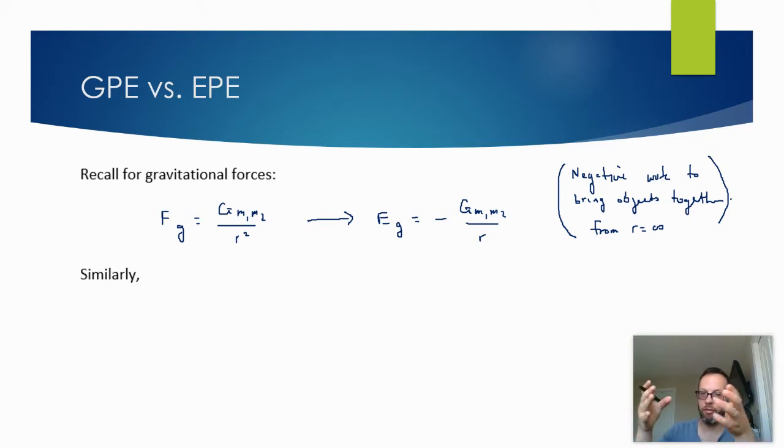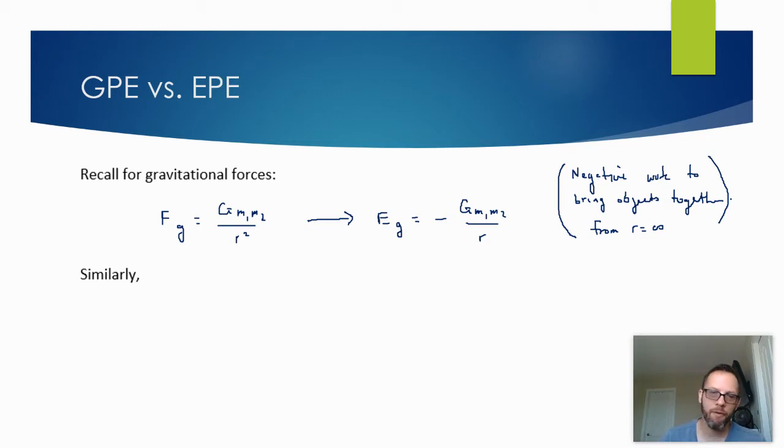You don't actually have to do anything to bring them together. In fact, as two objects come together gravitationally, you actually lose energy. So that's why this gravitational potential energy is negative. It's when you separate objects that you gain potential energy. So we got this expression, and it was always negative because we always lost energy as two objects came closer together.